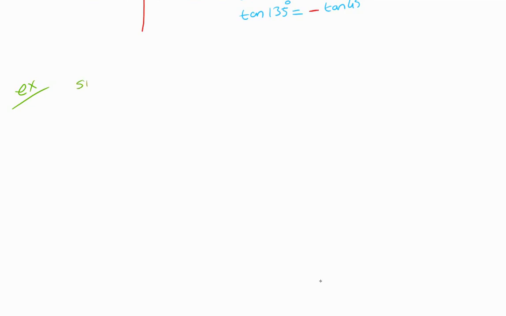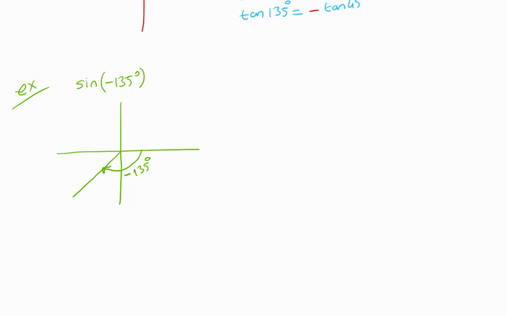Let's say we have sine of negative 135 degrees. How can I express it with the reference angle? First, we visualize it. So negative 135 is here. Why? Because we are starting from here to there. So this is my 135 degrees.